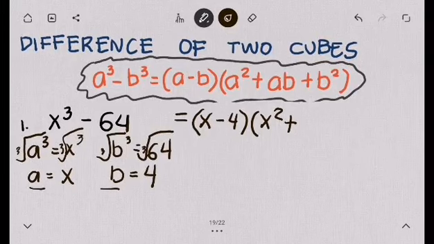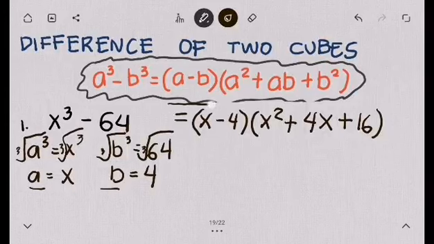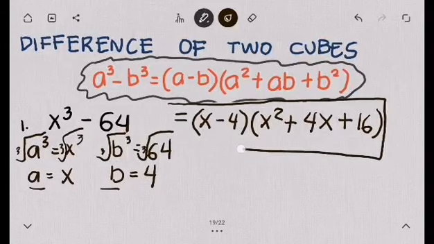Plus product ng a times b. So ang a times b ay 4x. Plus square ng b square. So ang 4 raised to 2 or 4 square is 16. Okay, so eto na ngayon yung factored form ng ating unang example under difference of 2 cubes.